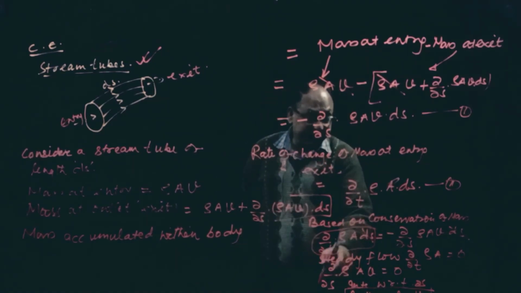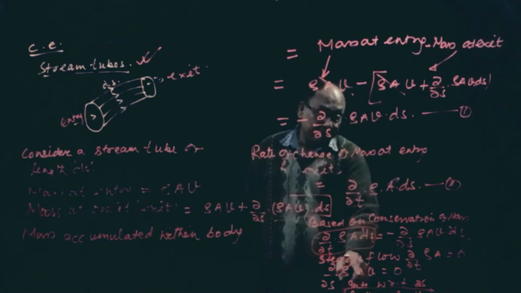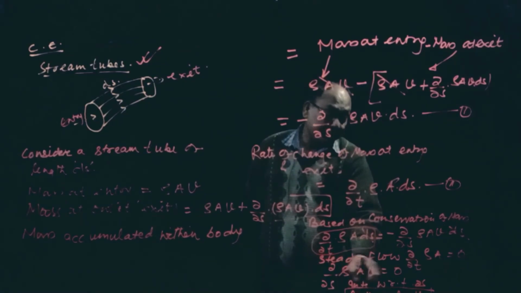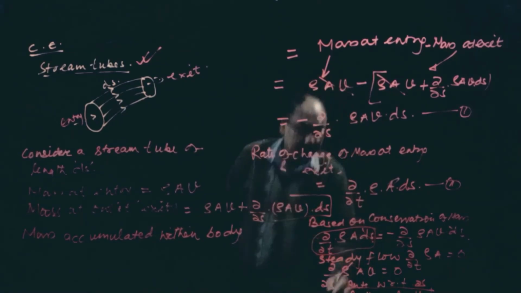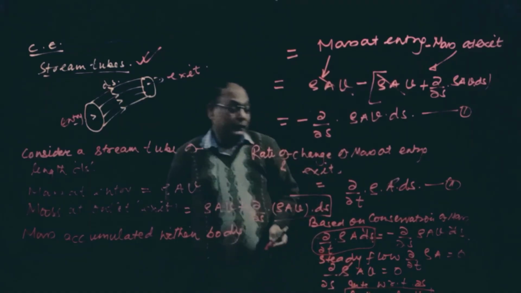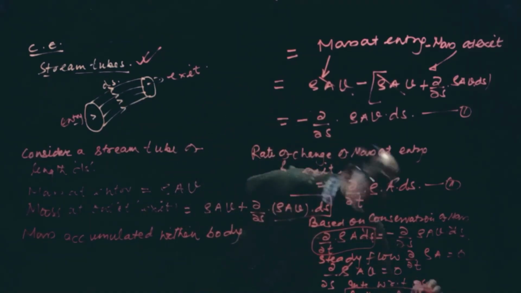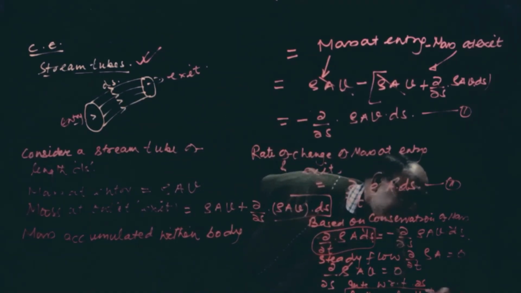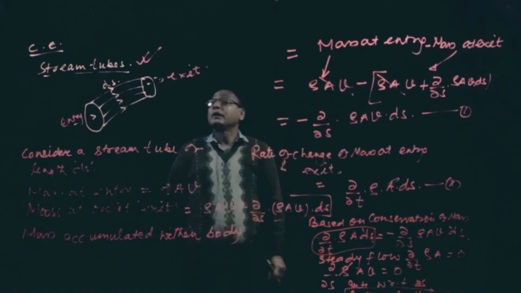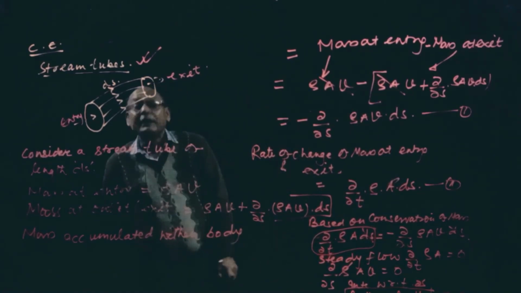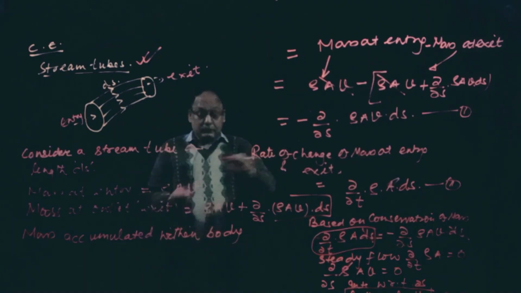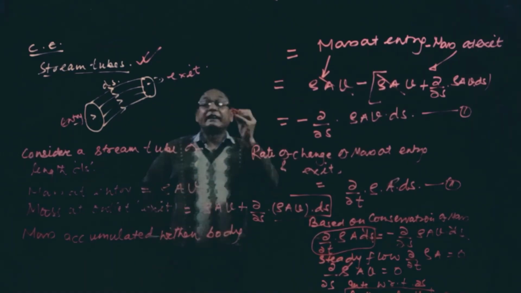If you integrate between limits 1 to 2, it will be a1 v1 is equal to a2 v2. This is the continuity equation based on the stream tube concept.